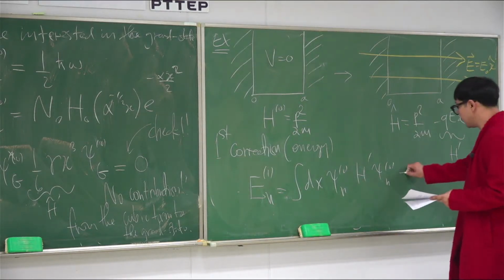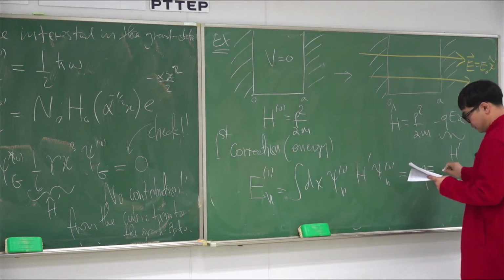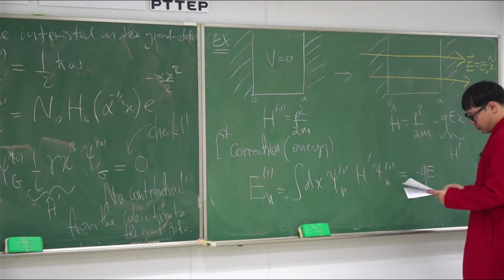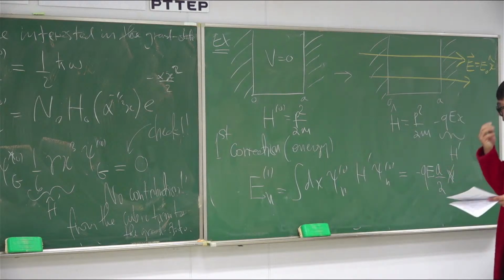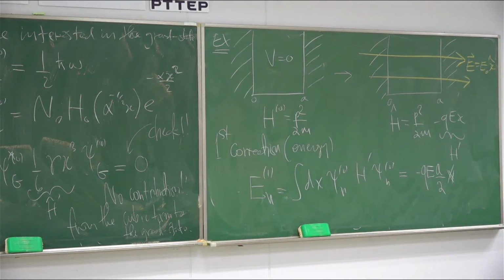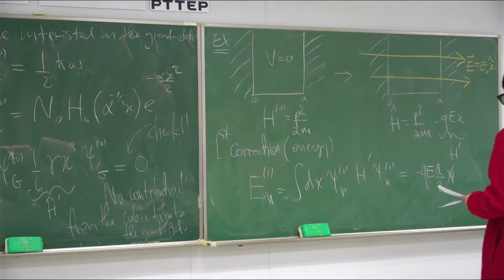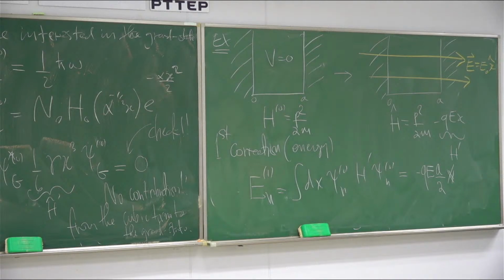Once you put this whole thing in, then you get, what is it? A, what 2? So this is the contribution term to the energy level. It is going to be shifted, right, by this thing.